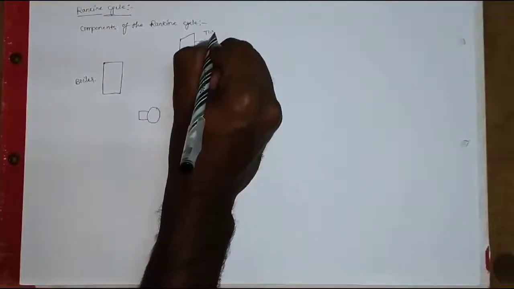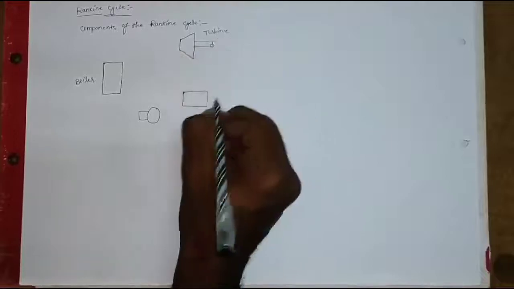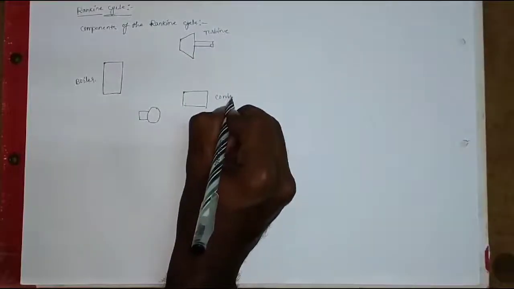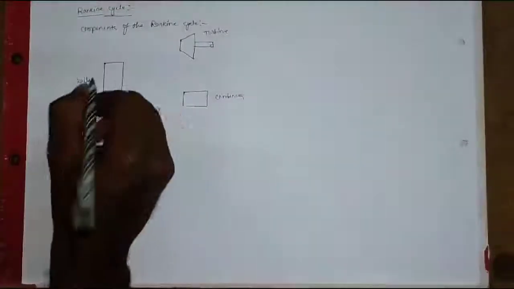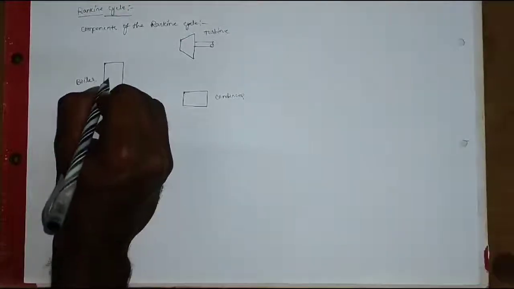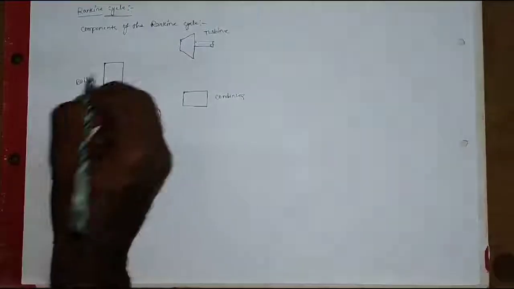This is the turbine, this is the condenser, this is the pump. In the boiler, water is converted into steam by the addition of some heat.